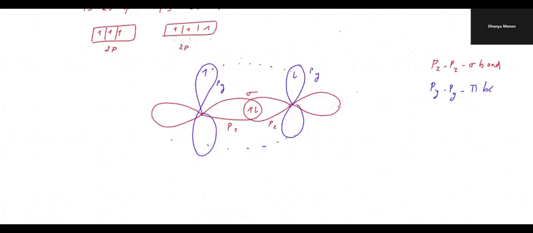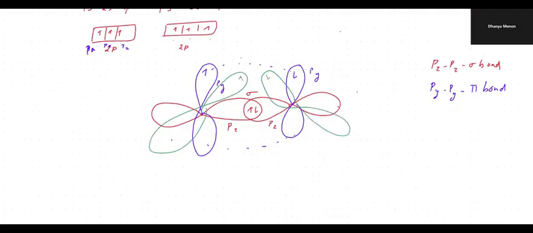Third one. Pz and py have done the bonding. Now left is px. Let's take green color. So I have px, px.